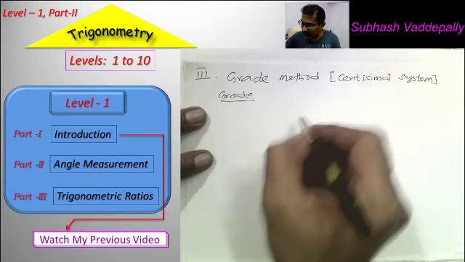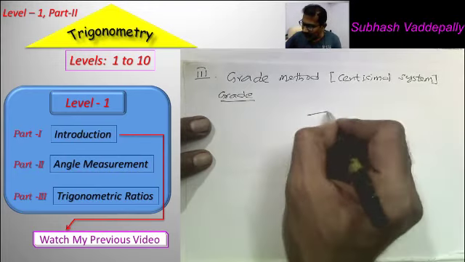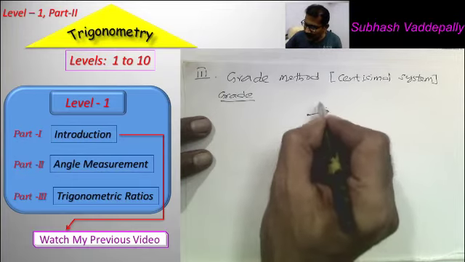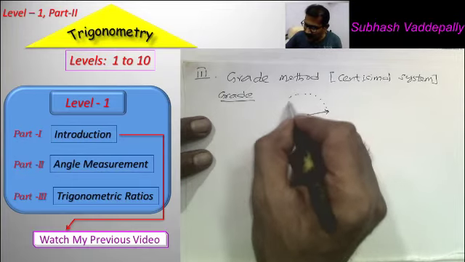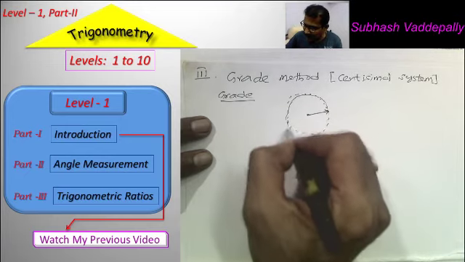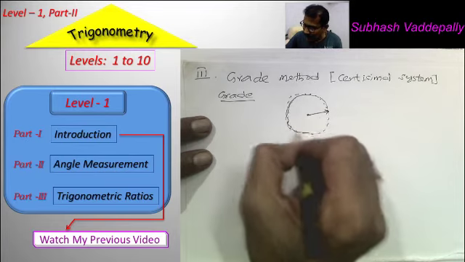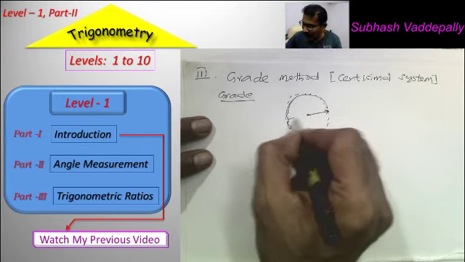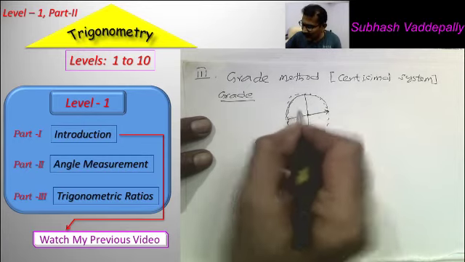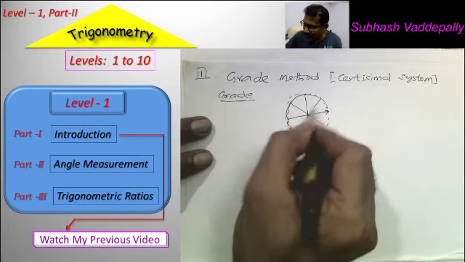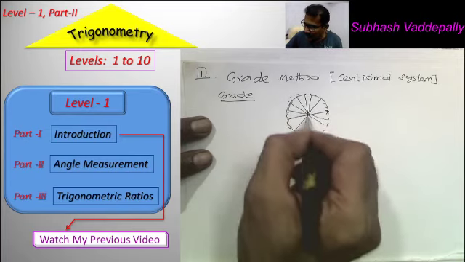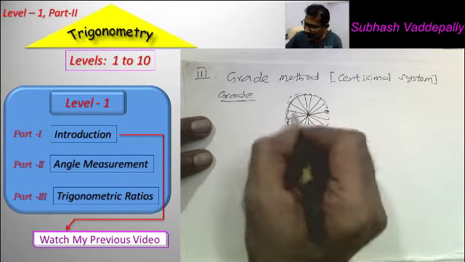Again, to define the grade, I am taking a ray. When this completes a complete revolution around its fixed point, whatever the region, I divide it into 400 equal parts. See here, I made 4 equal parts like this. I am dividing this complete region with respect to the center of the circle into 400 equal parts.